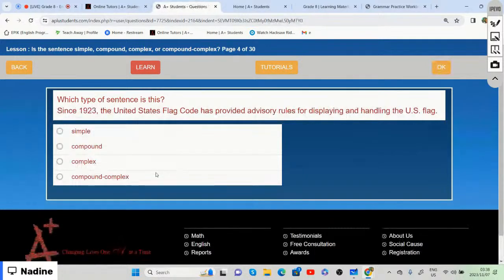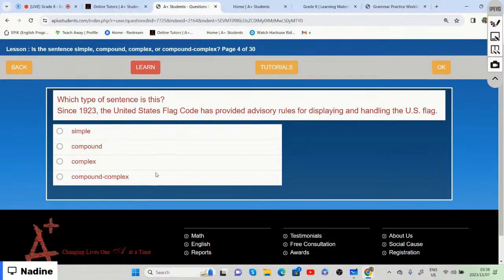And now, since 1923, the United States Flag Code has provided advisory rules for displaying and handling the US flag.